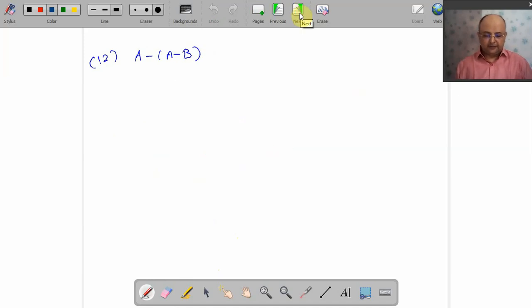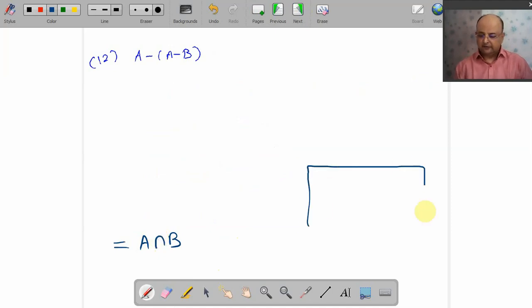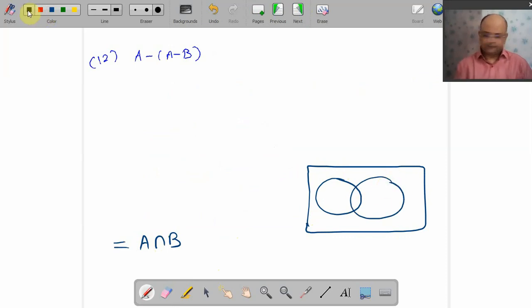We go for this. You will help me. I can immediately tell you the answer is A intersection B. I can visualize the diagram. See, this is your A, this is your B. You are saying that, sir, remove A minus B. What is this? A minus B. Yes. And what is this?